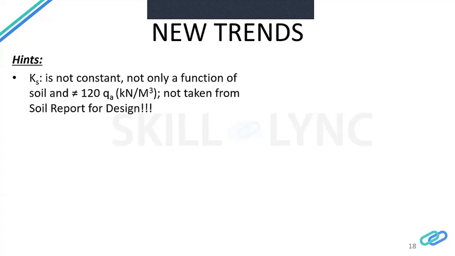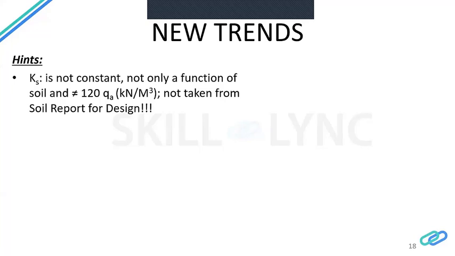So pay attention to this aspect. Do not use the modulus of subgrade reaction or the area spring provided in the soil report directly without a geotechnical design engineer translating it, changing it, or recalculating it to a value relevant to your case. Why is that?